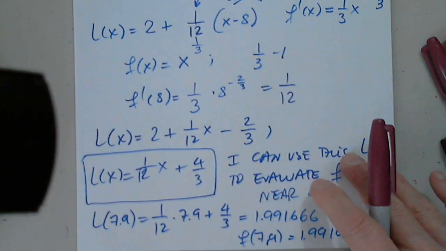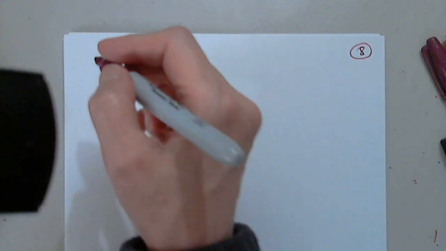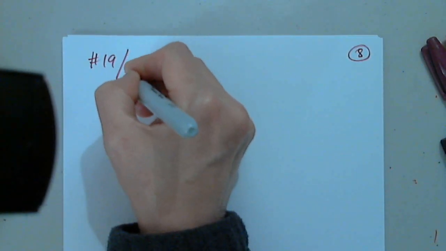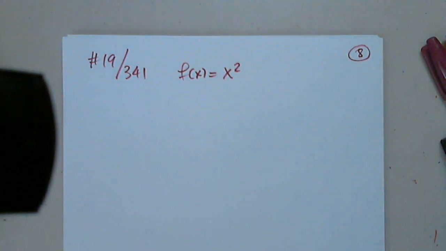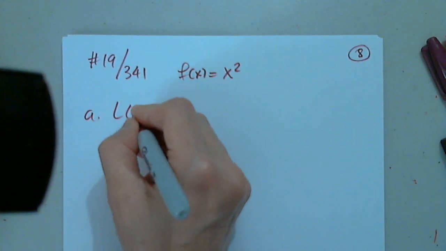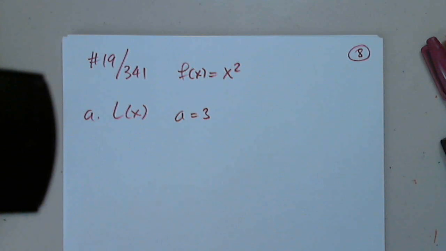In other words, we are finding a line to estimate the function. Is 19 okay? Yes. Okay, so 19 on 341, and we have f of x equals x squared. Find the linearization, part A, L of x, of f at a equals 3. Good. So what do I have to write first? What is the formula?